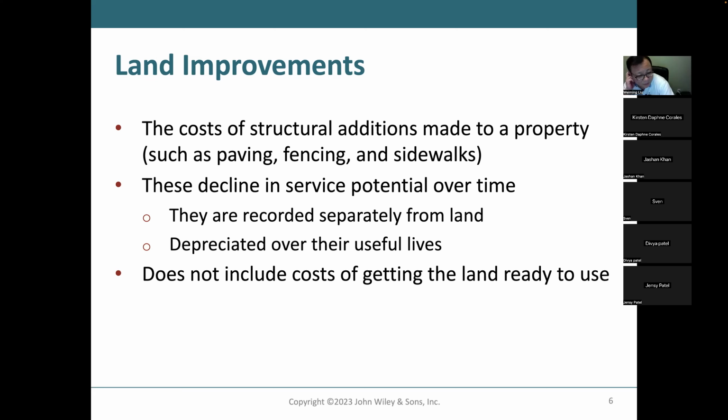Even though you build it brand new, given another 5, 10, 15, 20 years, the fence will be broken, and you need to replace it with a new fence. So you should recognize the depreciation of land improvement.